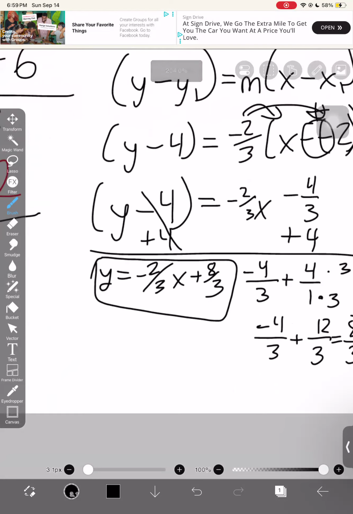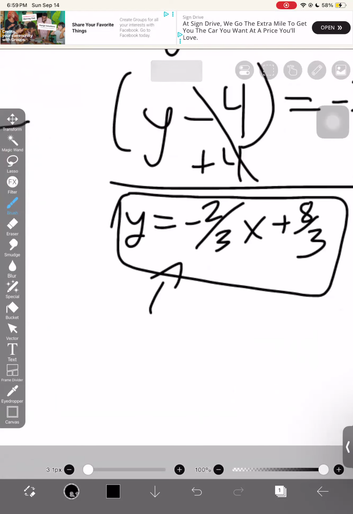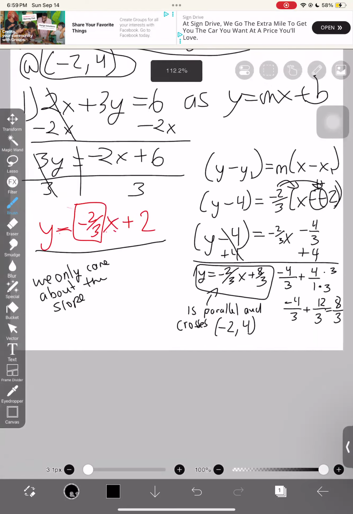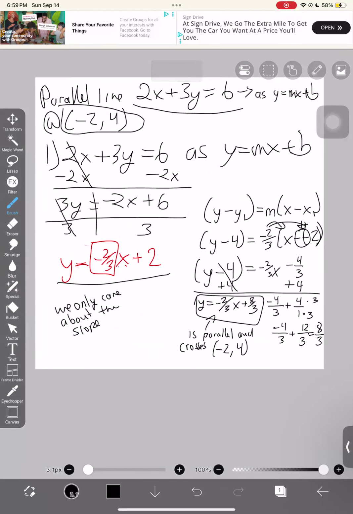So this is parallel and crosses -2, 4. And that's how you do a question like this. For perpendicular, it's the same thing, but you just have to remember you have to do the negative reciprocal.